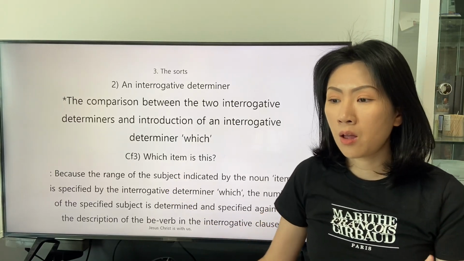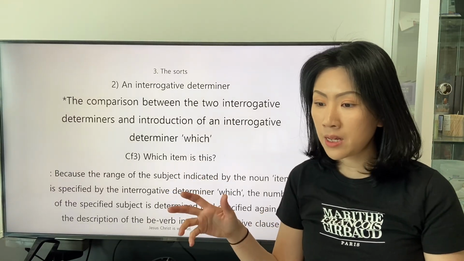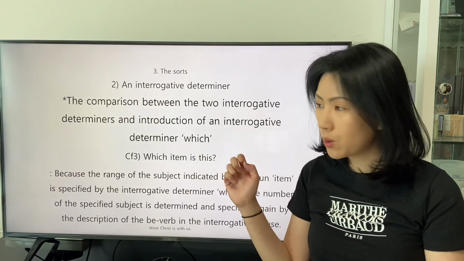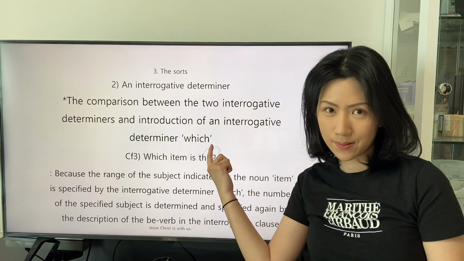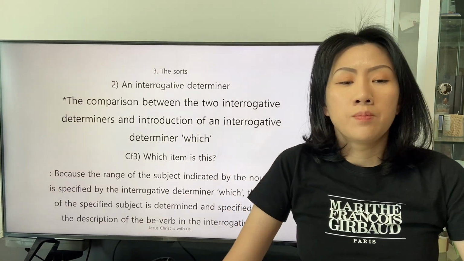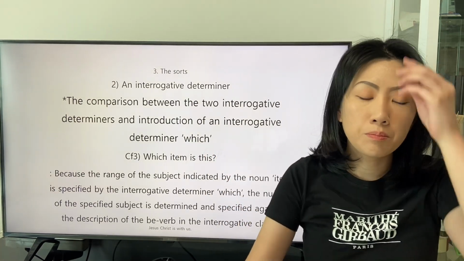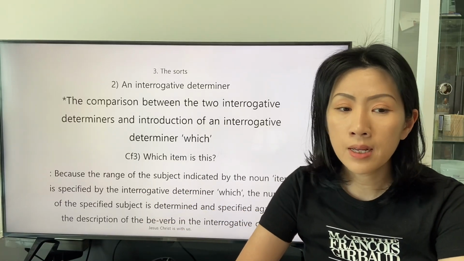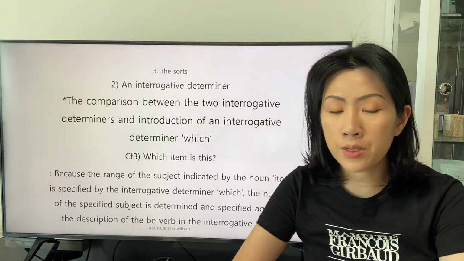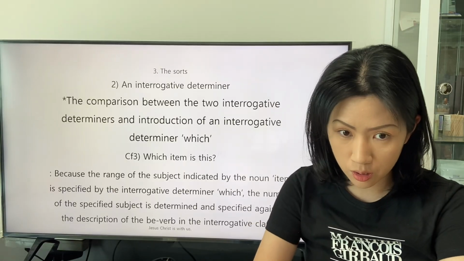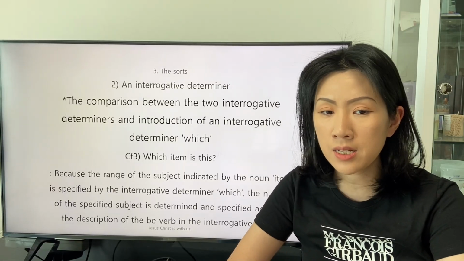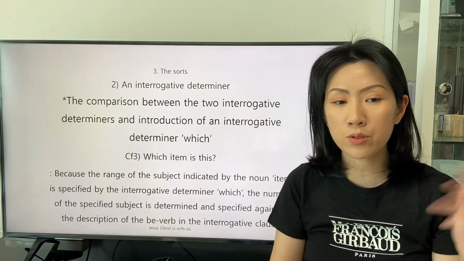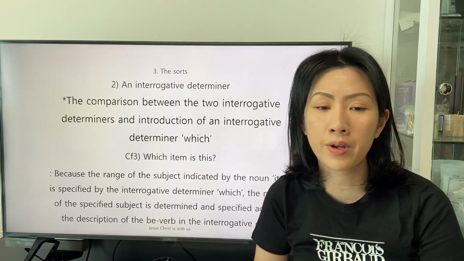Like there are some options that can occur with the subject this. Because the range of the subject indicated by the noun item is specified by the interrogative determiner which, the number of the specified subject is determined and specified again by the description of the be verb in the interrogative clause.